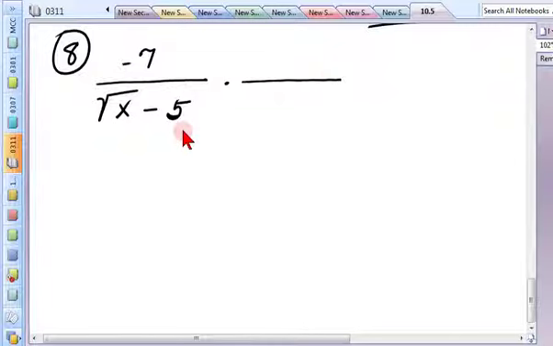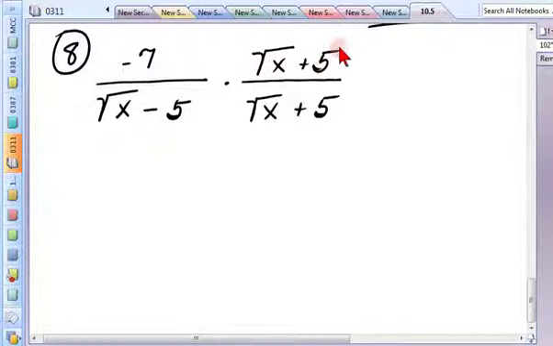It has 2 terms. When it has 2 terms, what do you have to use? The conjugate. New word, conjugate. All right, what's the conjugate of this denominator? The square root of x plus 5. And that's what you're going to put on top and on bottom.